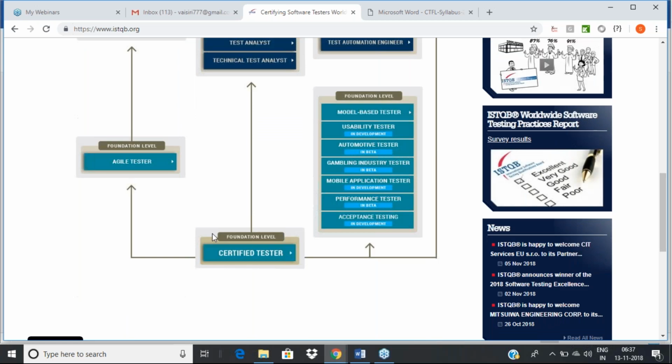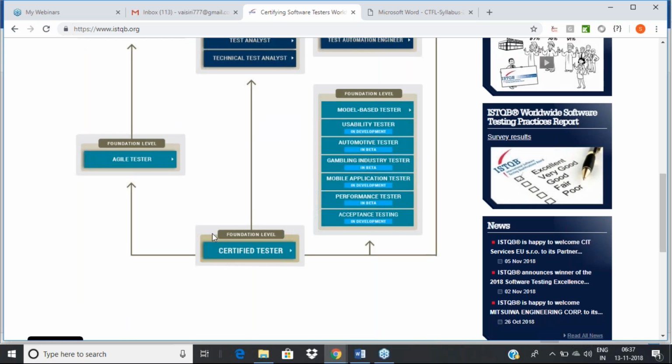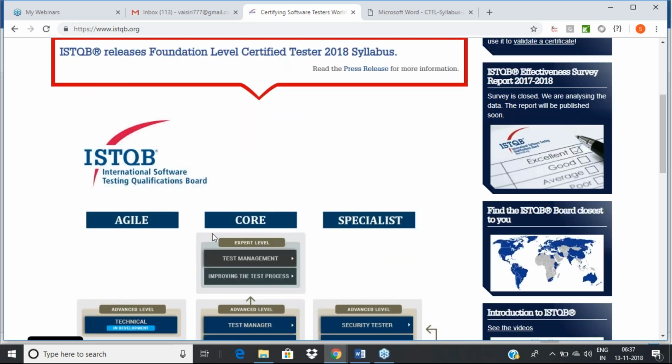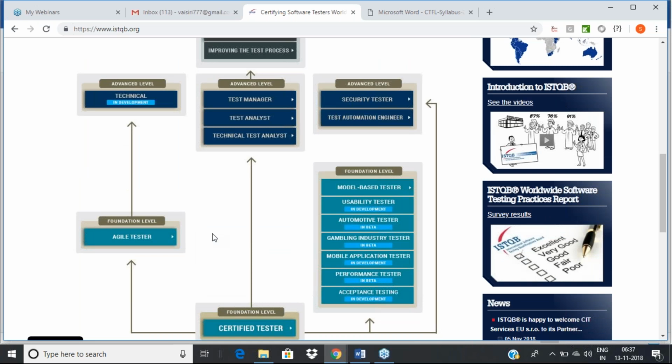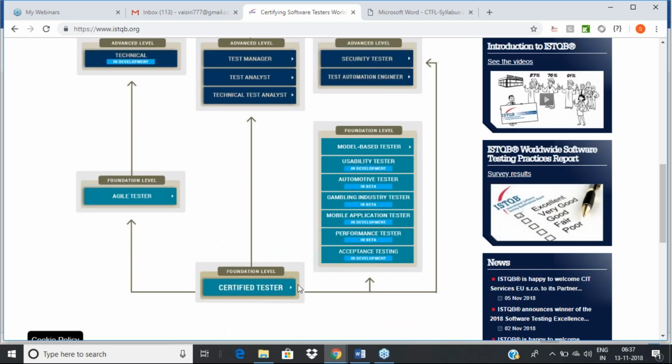If you go into istqb.org, you can see this picture, which shows the foundational level is the first one, the foundational level certified tester. That's what we are talking about, CTFL, Certified Tester Foundation Level. Then on the left side you have the agile test engineer, and here you have advanced level.